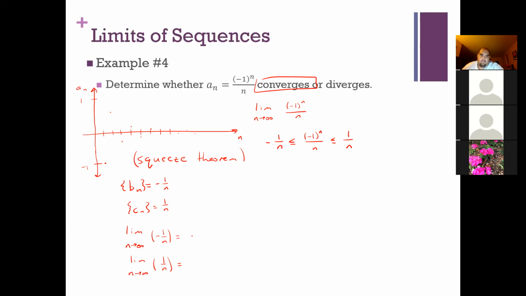They're both 0. So now here's what we have. The limit of this sequence is 0. The limit of this sequence is 0. And I have this third sequence that's always in between them. It must also go to 0. So that's what the squeeze theorem is.